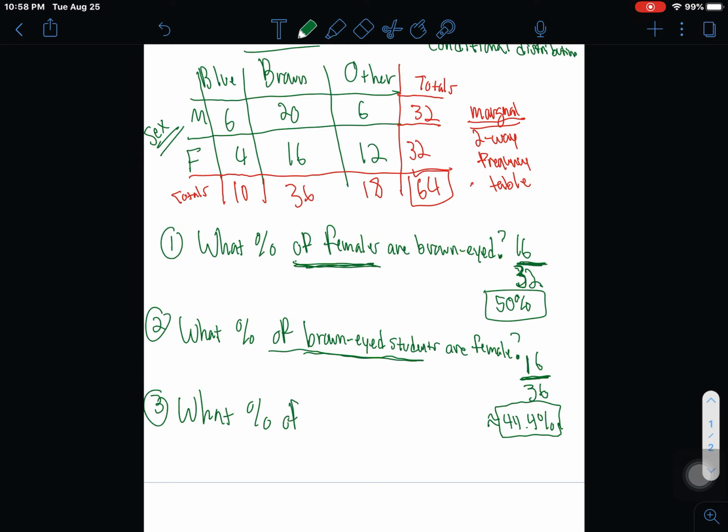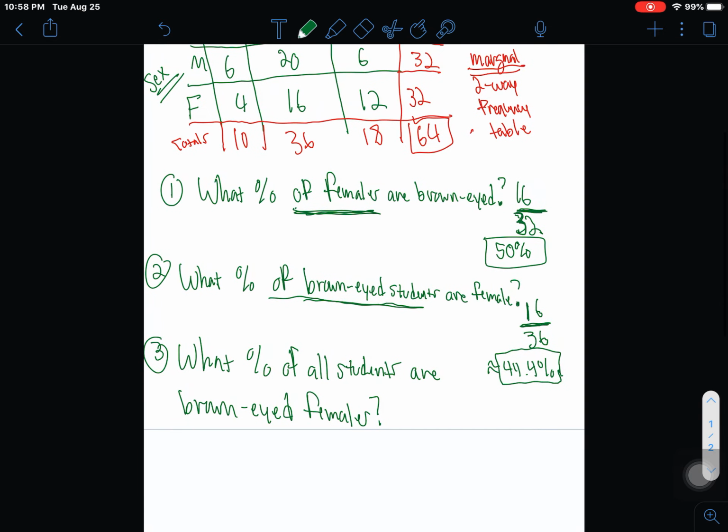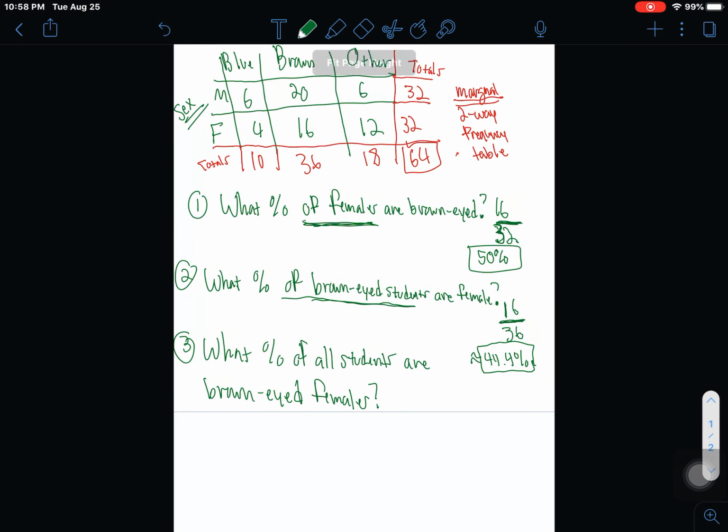So what percent of all students are brown-eyed females? Okay, so what percent of all students? So I see of all students. So I know that we're actually looking at the total number as our denominator, which in this case is 64, right?